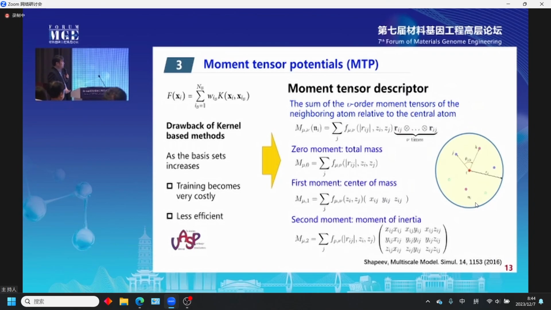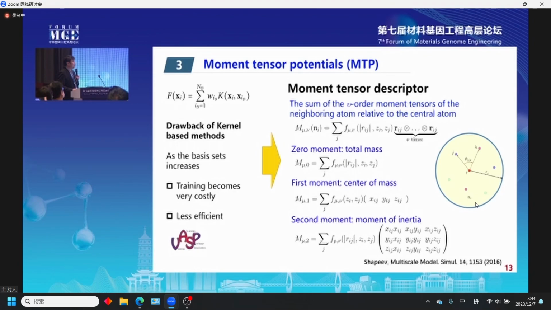So here I want to briefly explain what the moment tensor descriptor is. This descriptor is just the sum of the mu-order moment tensor of the neighboring atoms relative to the center atom.